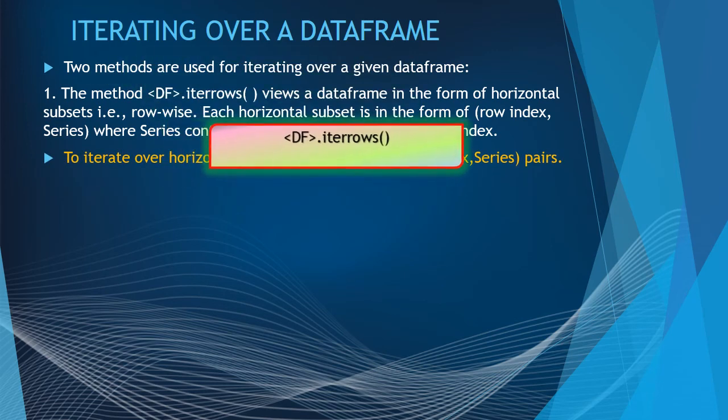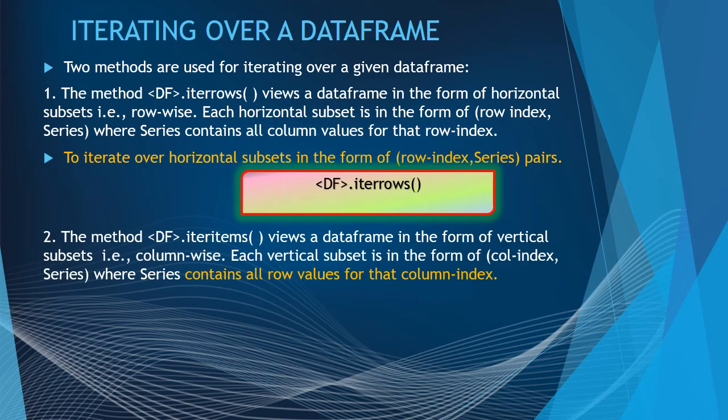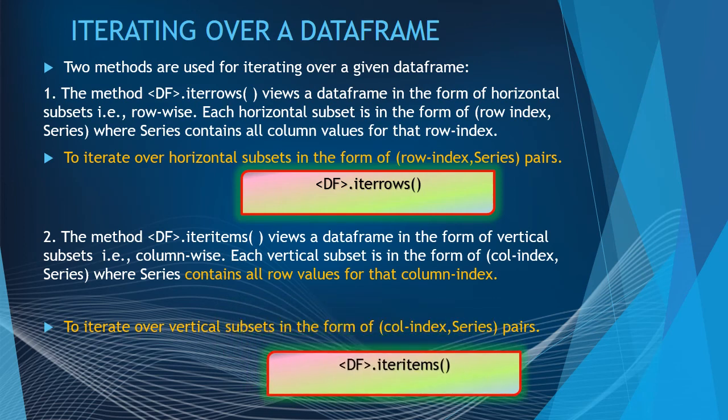The general form for iterrows is df.iterrows. Likewise, if we want to fetch the data column wise, we can use the iteritems function. It also returns two values, column index and column series values.